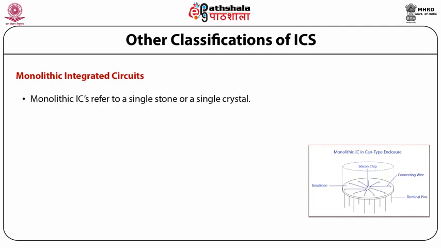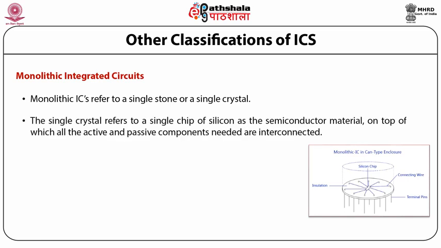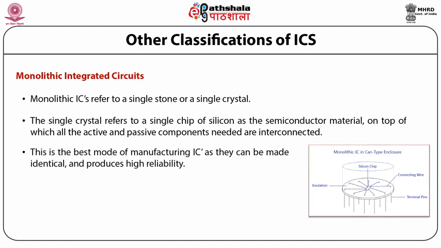Monolithic ICs refers to a single stone or a single crystal. The single crystal refers to a single chip of silicon as the semiconductor material on top of which all the active and passive components needed are interconnected. This is the best mode of manufacturing ICs as they can be made identical and produce high reliability.